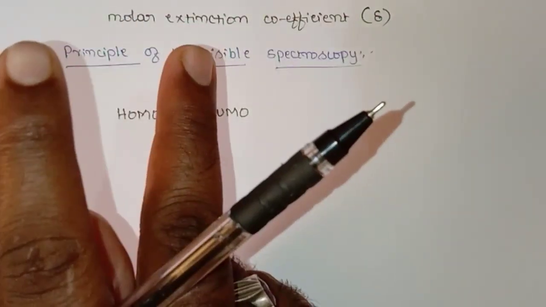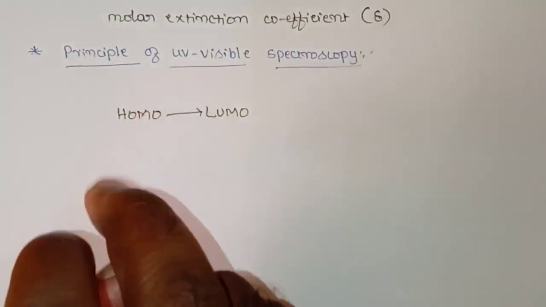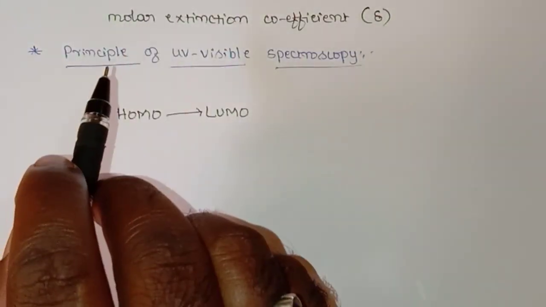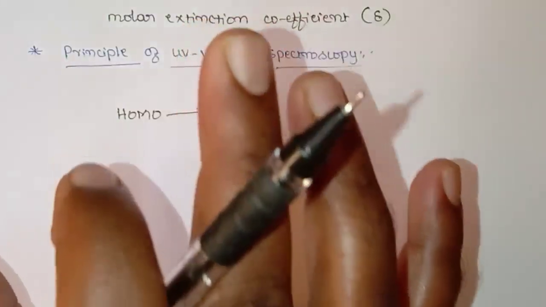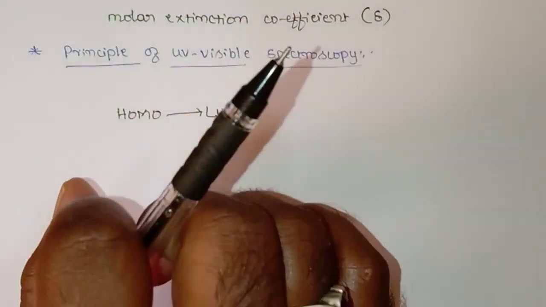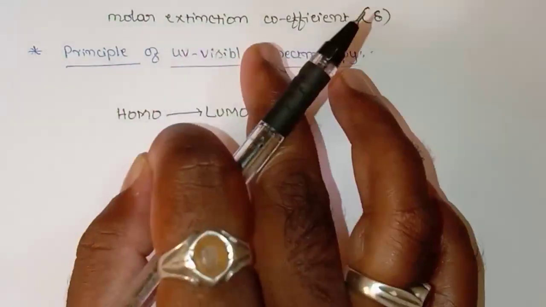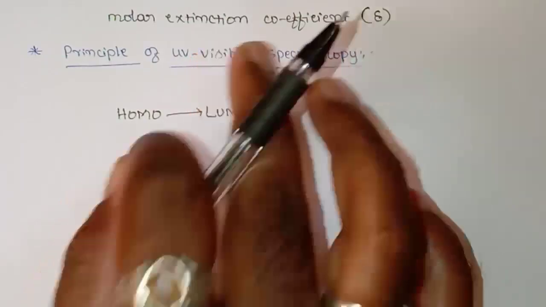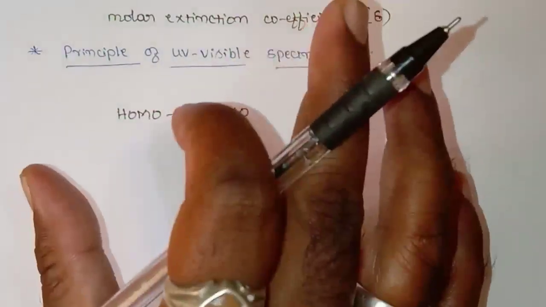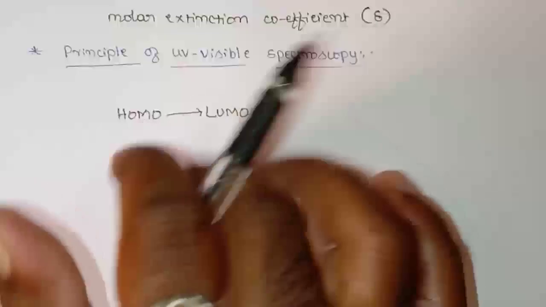These two parameters influence the amount of radiation absorbed. Once absorption is done, measurement of radiation absorbed by the substance at each wavelength will give structural detail of the compound. This is the main principle behind UV visible spectroscopy.